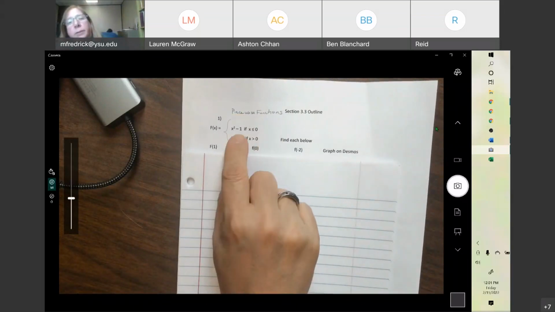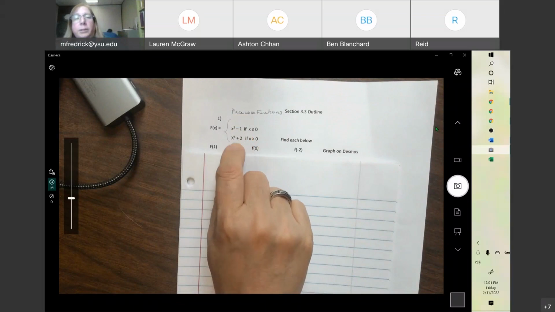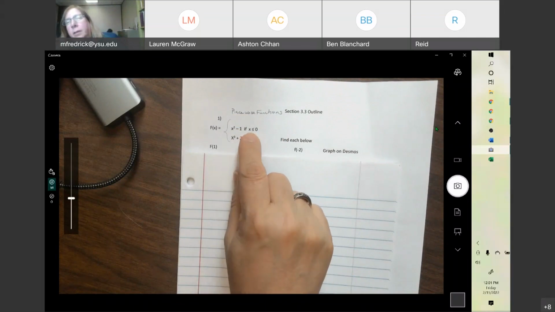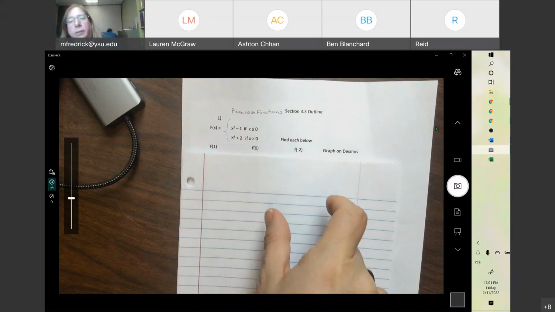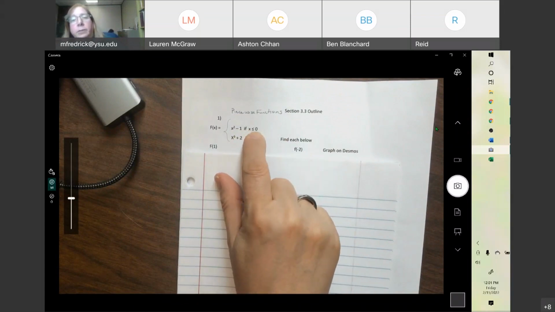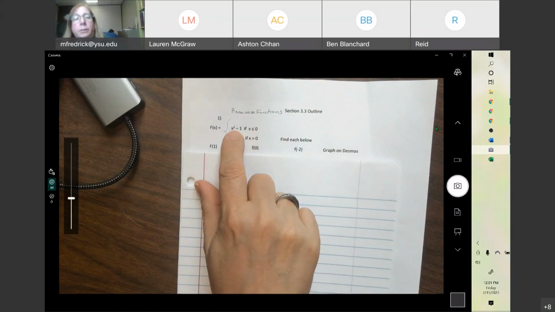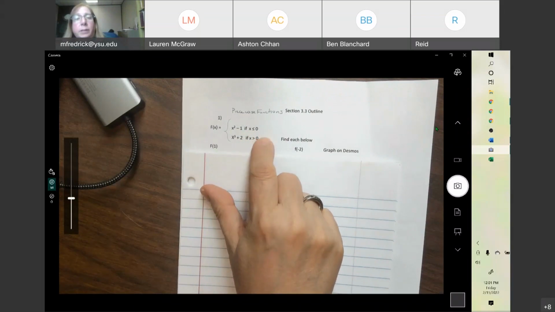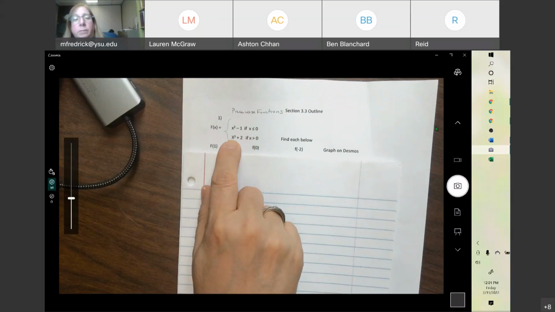So it's a piecewise function because there's more than one function, and during certain x values, you use certain ones. So this is saying if x is less than or equal to 0, then we use this one. If x is greater than 0, we use this one.